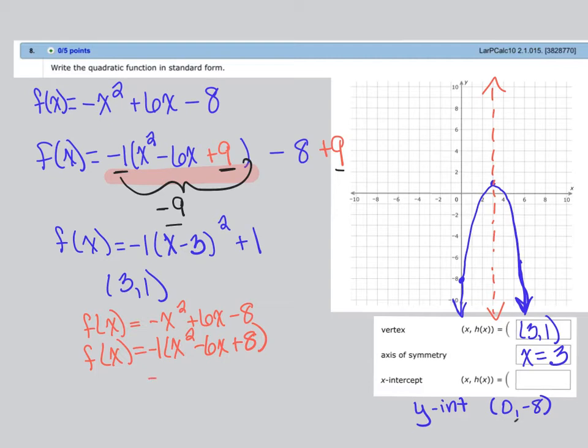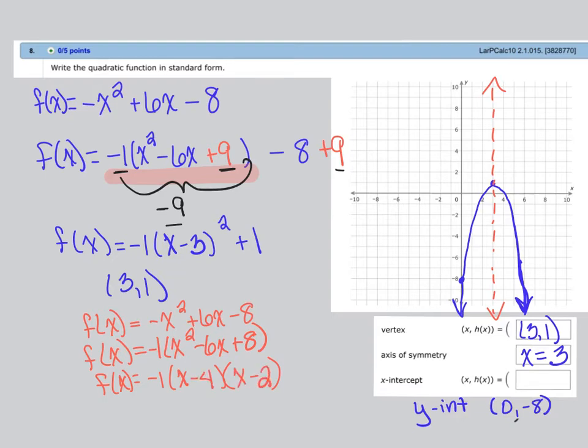So I'm going to keep that -1 on the outside, and this factors very nicely. What two numbers multiplied together give you 8, and added together give you -6? -4 and -2, because whenever we have a positive product, both numbers have to be either positive or negative. So we're going to have x minus 4 and x minus 2.